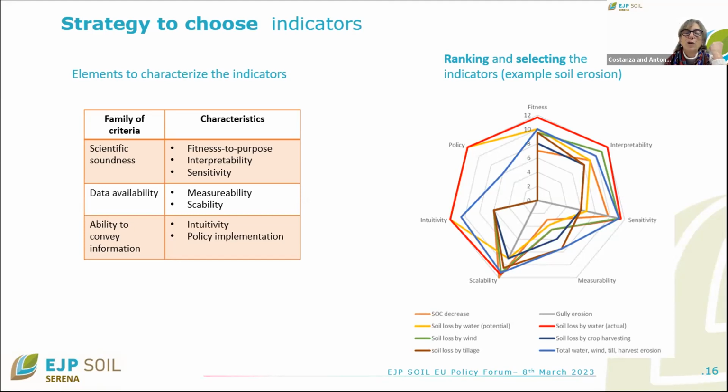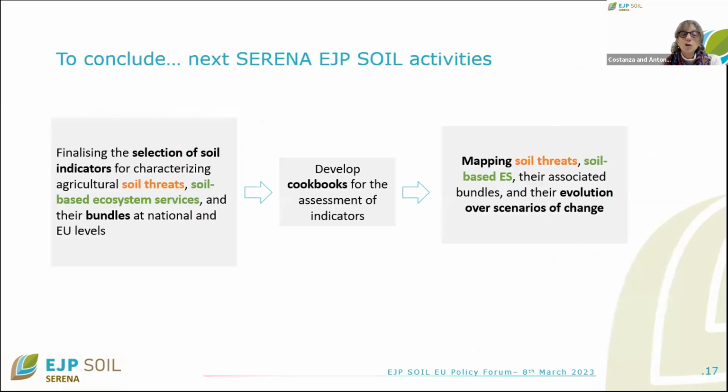This exercise was done for all the indicators. For the moment, only for the top 4 indicators, for the top 4 ecosystem services and threats, but we are working to arrive at all the indicators considered.